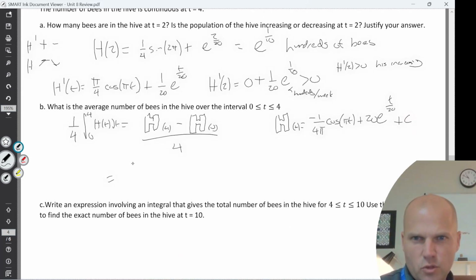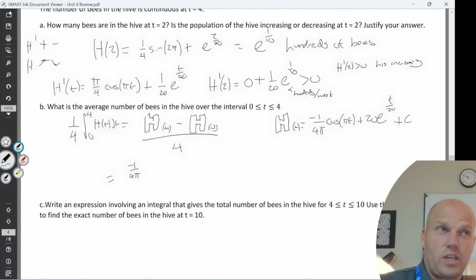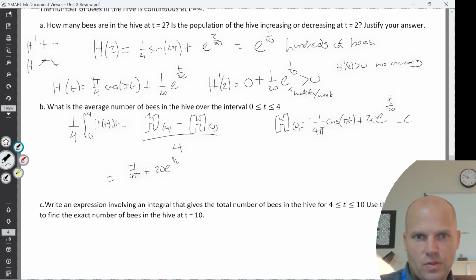So super h of 4 is going to be negative 1 over 4 pi, because the cosine of 4 pi is the same as the cosine of 0, which is 1, plus 20 e to the 1/5, minus cosine of 0 is 1, so I have another negative 1/4 plus 20.